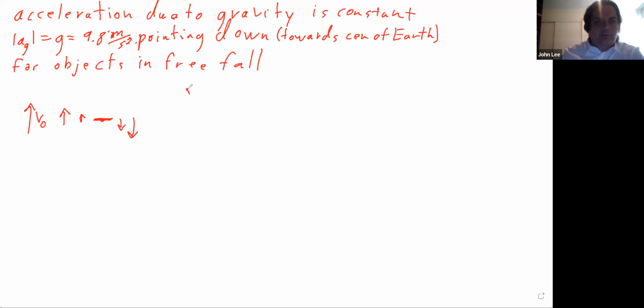So v final squared minus v initial squared over 2 times acceleration is equal to x final minus x initial, which in this case we're going to call y because it's pointing up and down rather than side to side.